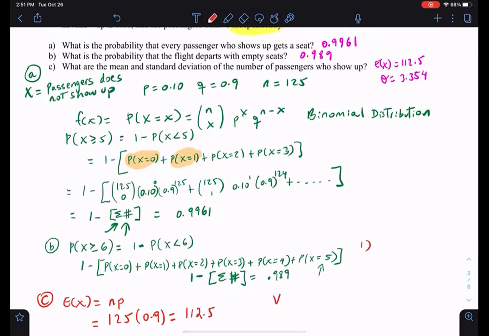And my variance, I need to calculate first. This is npq, so 125 times 0.9 times 0.1, and that's equal to 11.25.